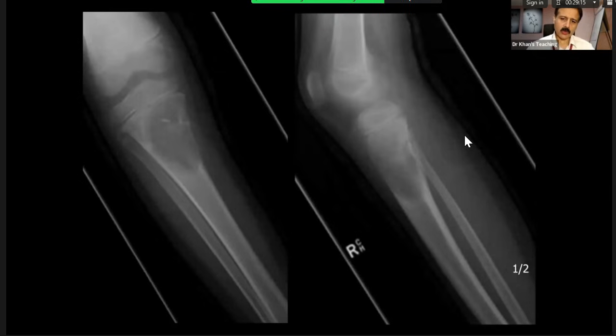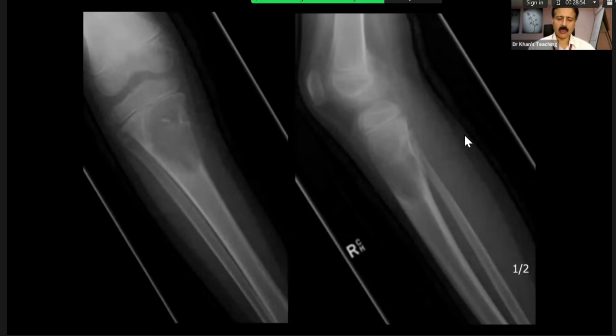Okay, let's go back to the basics. Now, your differential was fine, but the point is, how do you differentiate between a classical textbook aneurysmal bone cyst which has expanded like anything? Don't think that all aneurysmal bone cysts, when you image them, will be as aneurysmal.